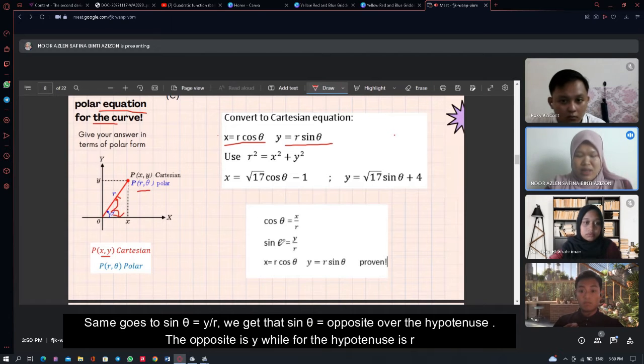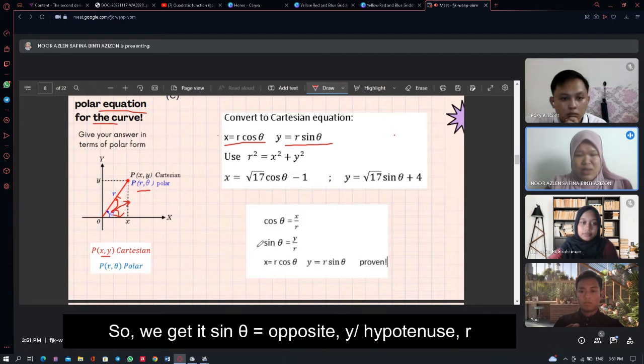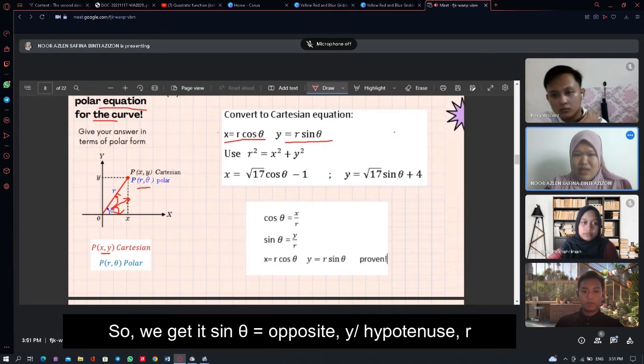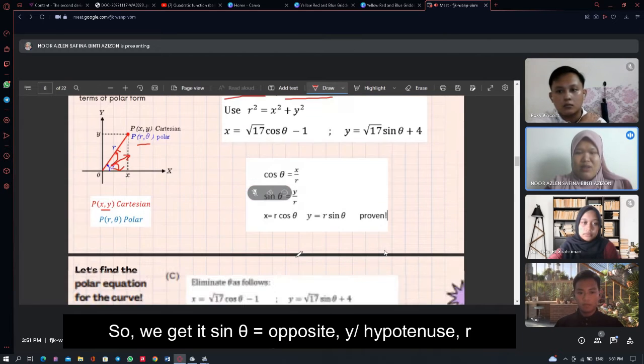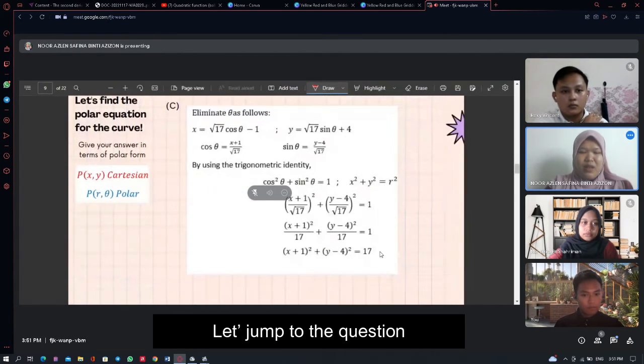Same goes for sin theta equal to y over r. Sine is opposite over hypotenuse. So the opposite is y, while the hypotenuse is r. So sin theta equals opposite over r, which is y over r. Okay, got it. Thank you. Good. Let's jump to the question.